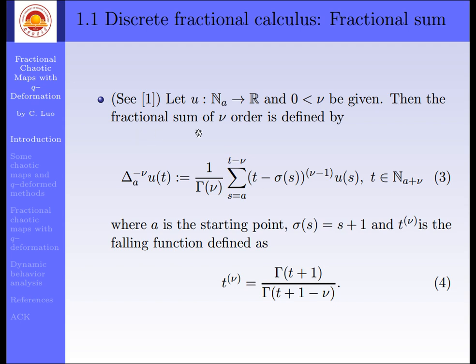Then the fractional sum of nu order is defined by equation 3, where a is the starting point, sigma(s) is equal to s plus 1, and t to the power of nu is the following function, defined as t to the power of nu is equal to gamma(t+1) divided by gamma(t+1-nu).